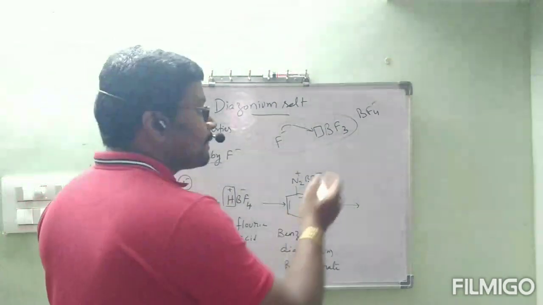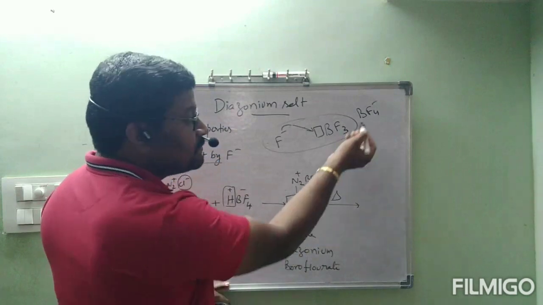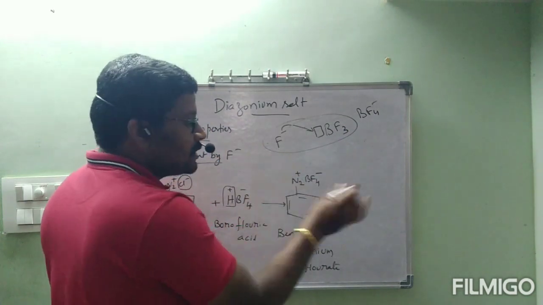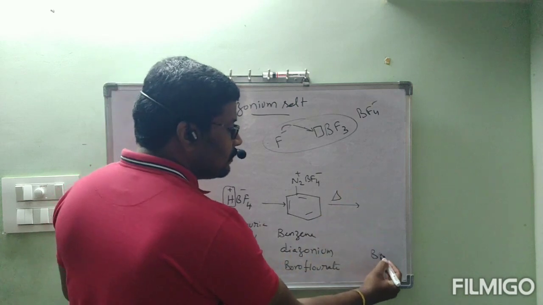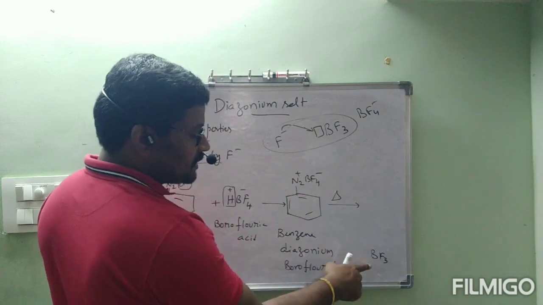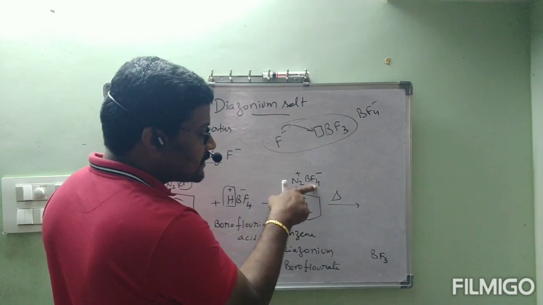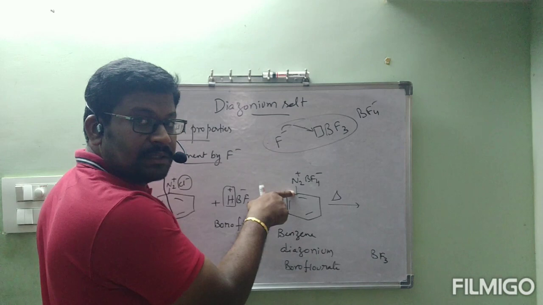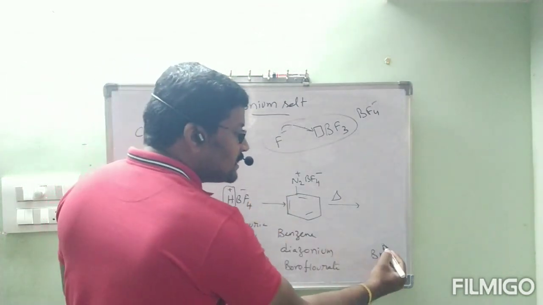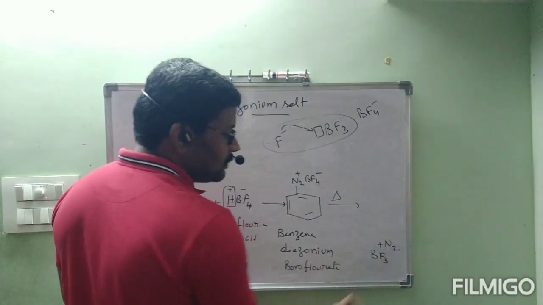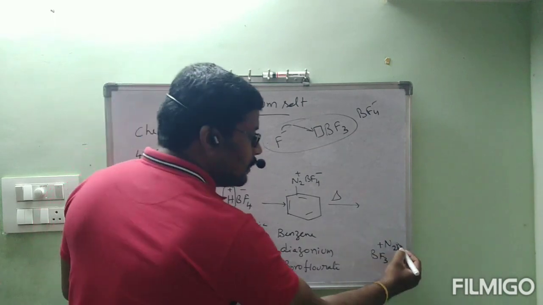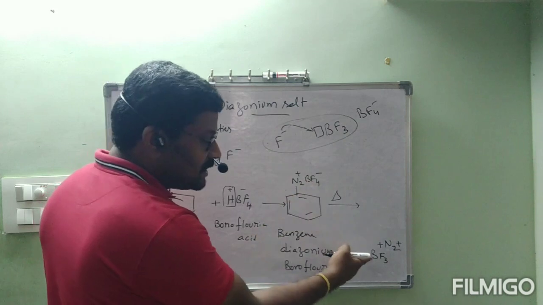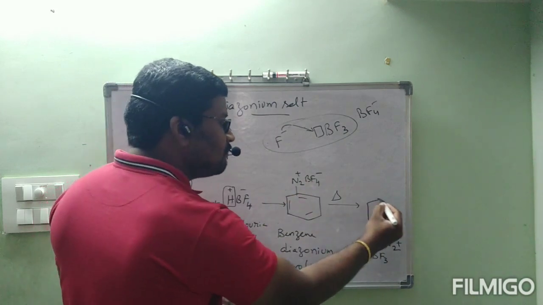When heated, BF4- again becomes BF3 and F-. So BF3 comes out, and we get F-. That F- displaces the N2+ as N2. N2 is displaced by this F-, BF3 comes out, and the remaining substance is fluorobenzene.